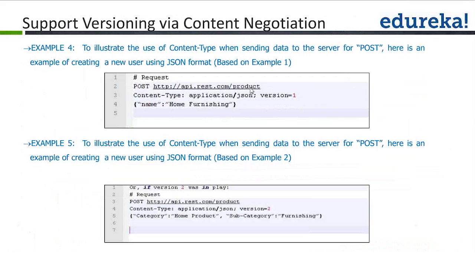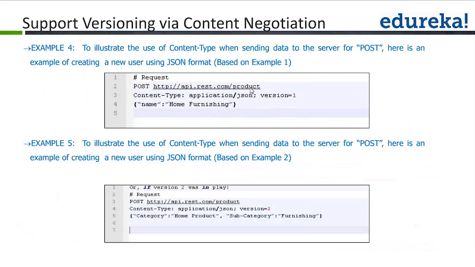Example 4. So we are just trying to see all the permutations and combinations. To illustrate the use of content type while sending data for post. So this is the example of post. Post means that we are creating a resource. We are not getting, we are creating.